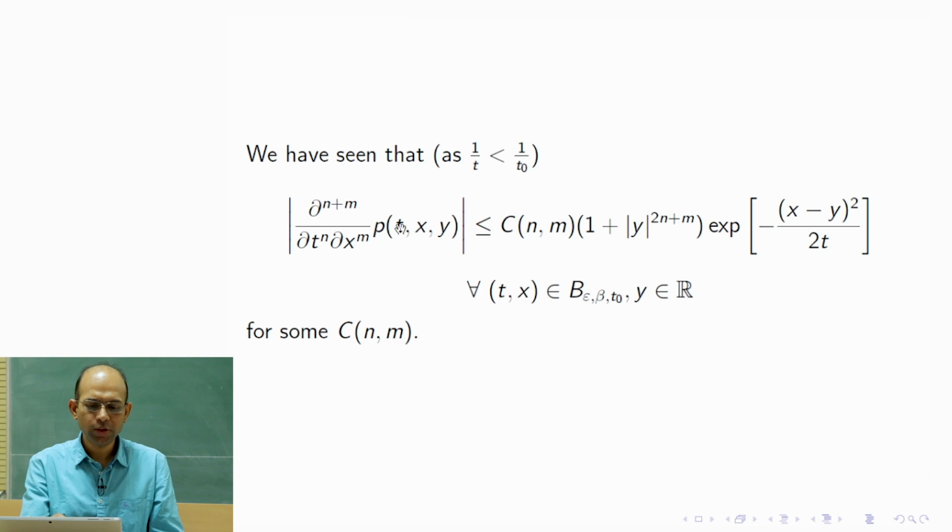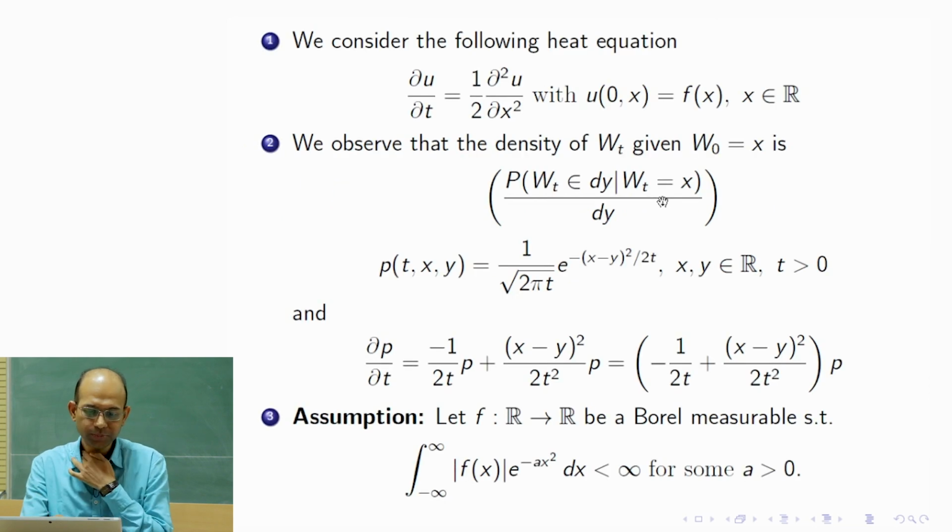So from that we know that the partial derivative of order n plus m, del t to the n del x to the m of this, is less than or equal to some constant times this growth variable, 1 plus mod y to the 2n plus m. Why does 2n appear here? Because we have seen that with del p del t we already obtained x minus y whole square, correct.